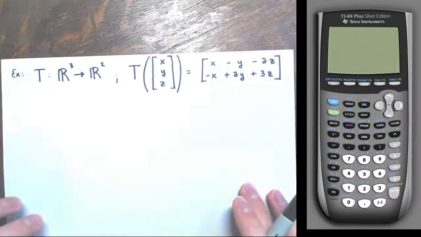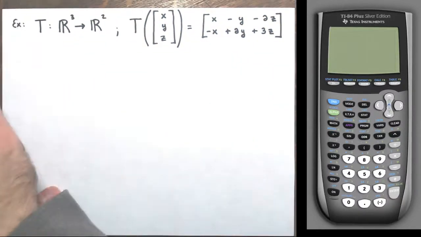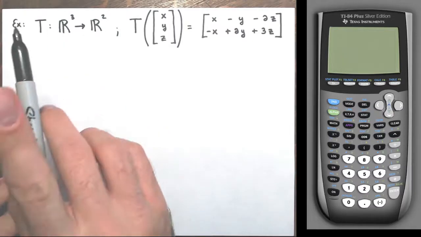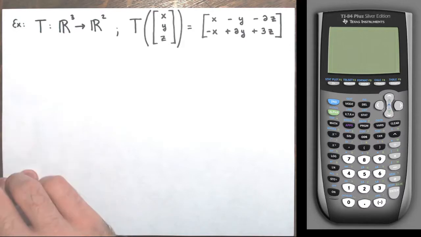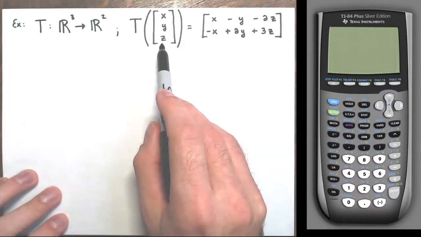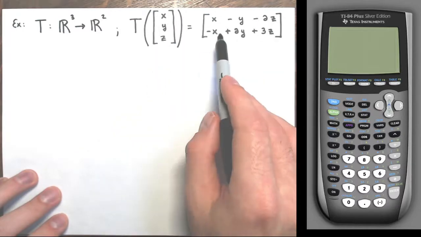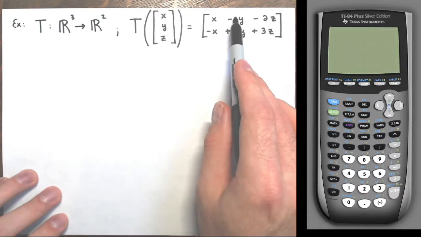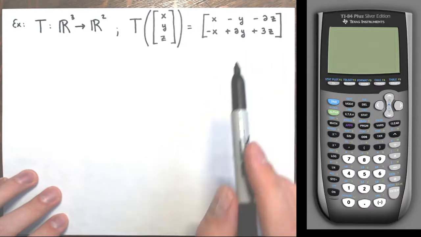Here's another one. So again, I have a transformation T from R3 to R2. It's a linear transformation, with additivity and homogeneity being satisfied. It takes a vector from R3 with components x, y, z and sends it to this vector with two components: x minus y minus 2z for the first component, negative x plus 2y plus 3z for the second component.